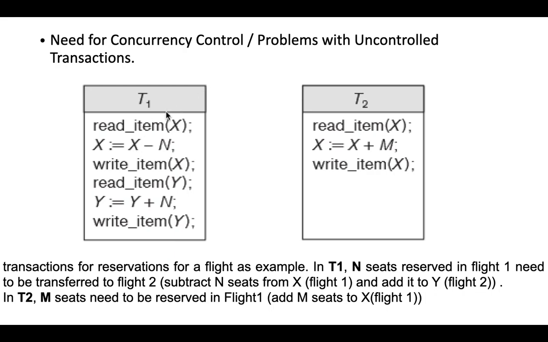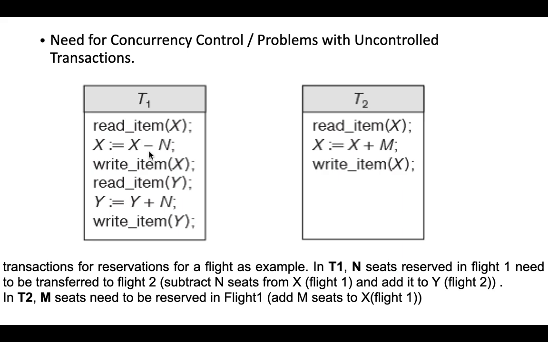Now imagine there are two independent transactions, T1 and T2. Transaction means some kind of online processing. So let's try to understand the terms one by one. Take a scenario where you have an account X, and your account balance is, imagine, 5,000.